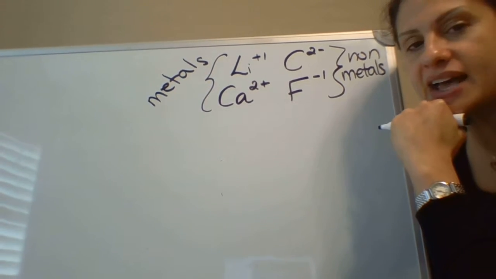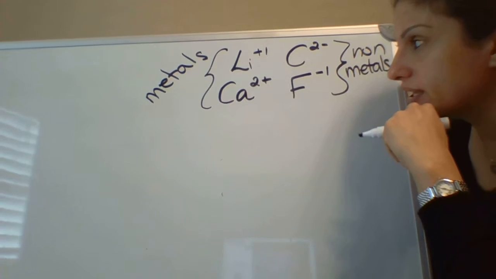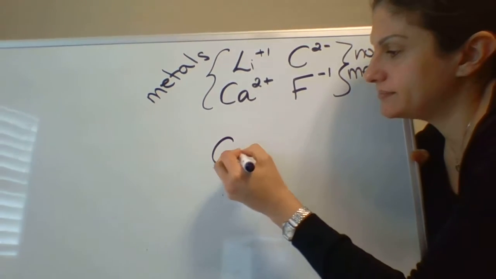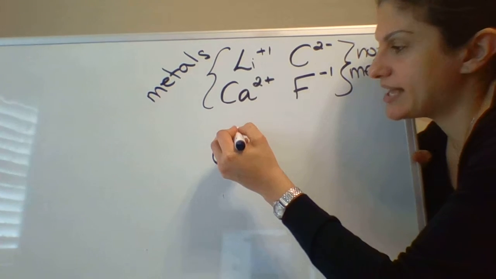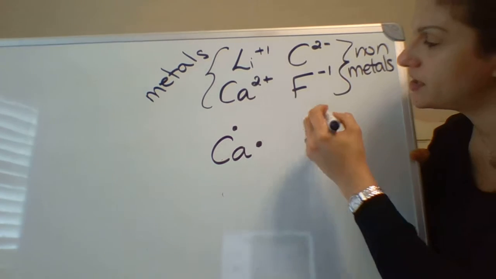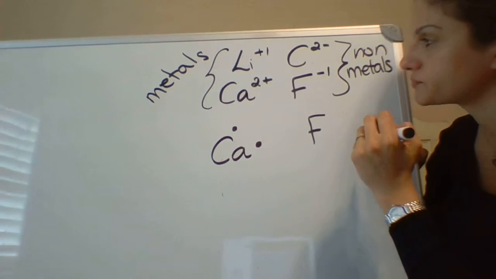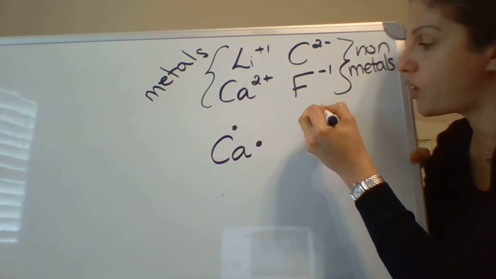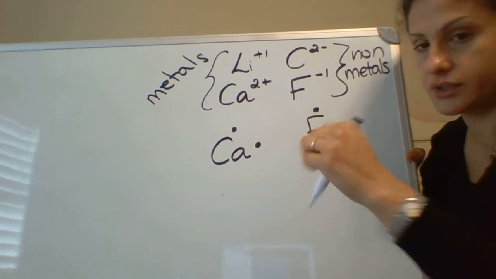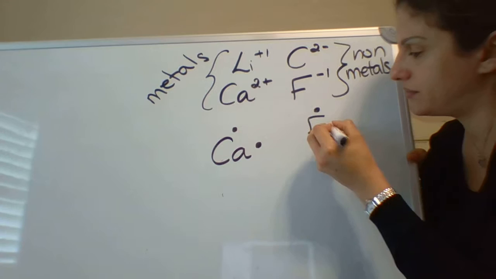If we were to mix calcium and fluorine together, to achieve its ideal state, calcium has 2 valence electrons, and fluorine has, oh, actually, sorry, no. Fluorine has 7. My mistake.